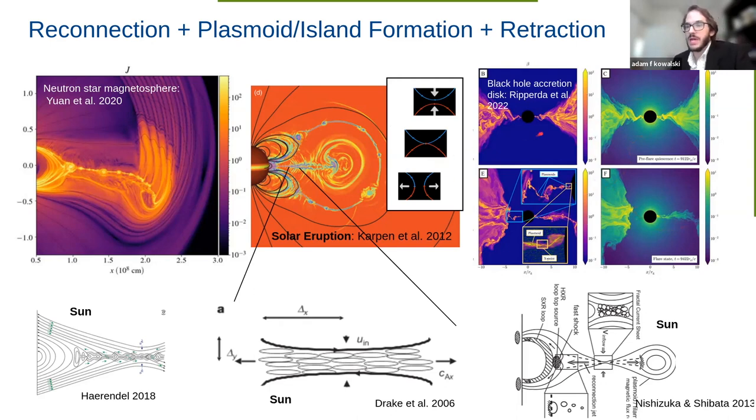So plasmoids may be ubiquitous across many different areas of astrophysics. And in the sun, we can understand them in great detail. We've seen these in simulations for many years, and many such wonderful cartoons have been illustrated in the bottom panel here, showing the action of plasmoids.